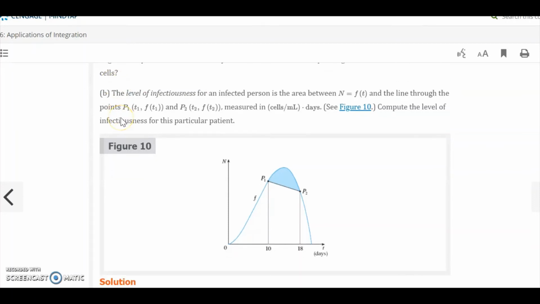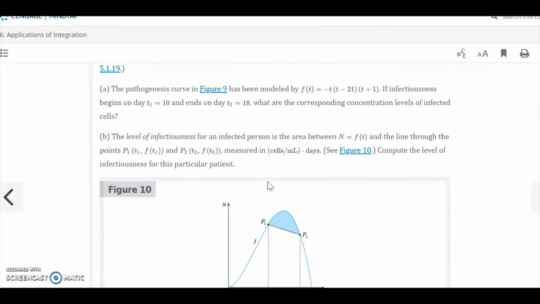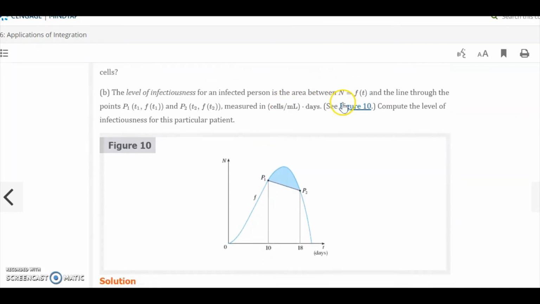Well, to figure this out, they find the points. So to find those points, right, they're looking at T1, T2, T1 is 10, T2 is 18. To find those point values for it, all they have to do is plug it into the original function.